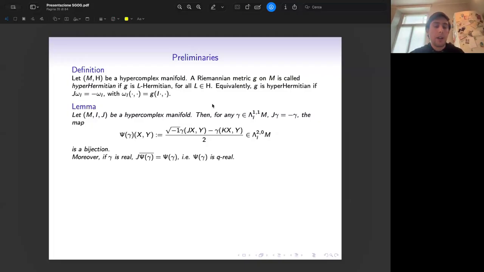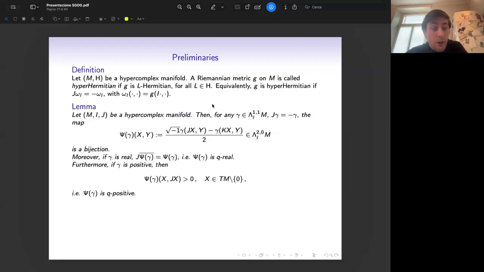Indeed, if we pick our (1,1)-form to be real, what we obtain through the image of psi is a Q-real form, namely the J of its conjugate is the form itself.